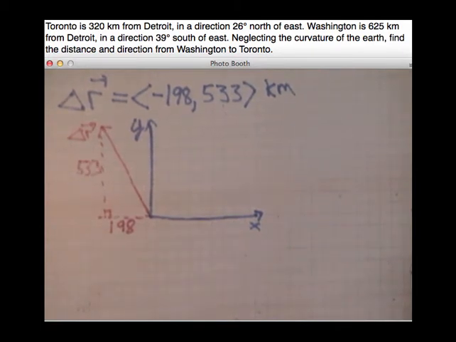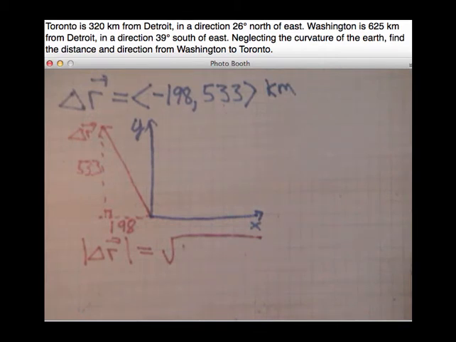And we're being asked for the length of this vector delta R, so that's the hypotenuse of the right triangle. And that length represents the distance from Washington to Toronto. So I can write that the length of this vector delta R, or its absolute value, I can just use the Pythagorean theorem, and that length is given by the square root of the sum of the squares of the two legs.